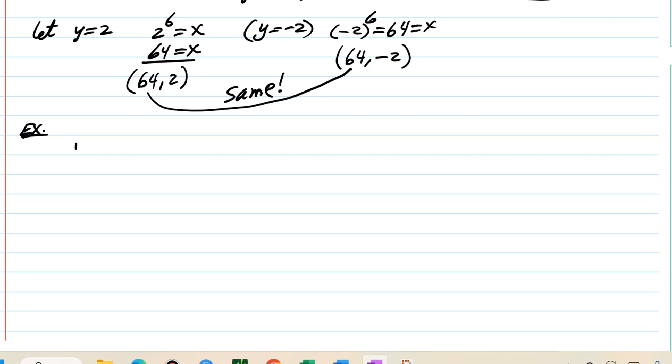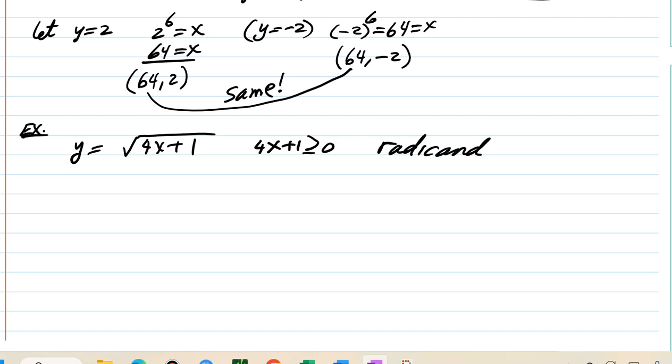This example, how about y equals, let's say, the square root of 4x plus 1? How's this going to work out? Well, for this one, we call this the implied domain, by the way, because in general, that's implied. We know the radicand has to be nonnegative.